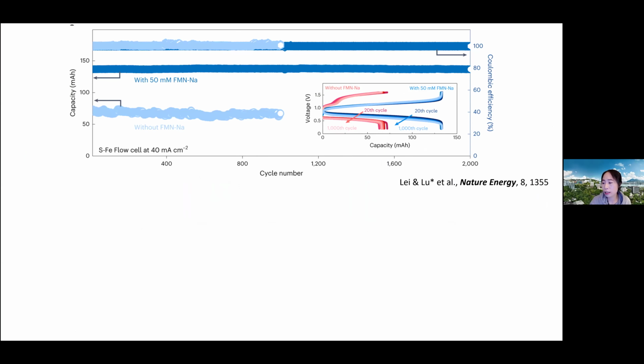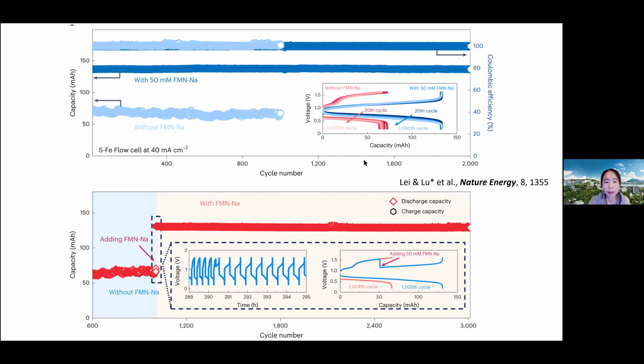So looking at the stability of this type of cell, you can see the cell without FMN can be stable with the Crisp membrane, but the capacity is quite low. But once you add FMN, you can have much reduced overpotential and much improved energy efficiency.